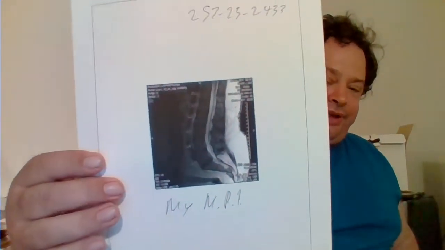One is not injured. One is a real spinal cord injury, which normally you can't walk on. But guess what? I can walk a lot and stand up. Again, the MRI.